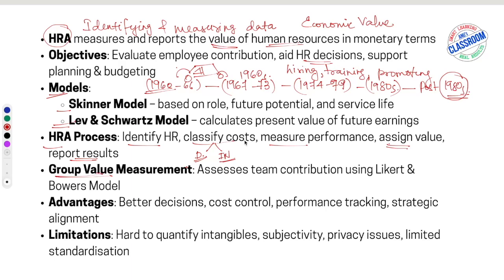Now, human resource accounting has benefits. It helps managers to make better decisions within the organization about hiring, promotion, job rotation, or training. It can also assist in budgeting as well as resource allocations, and it can help evaluate performance.